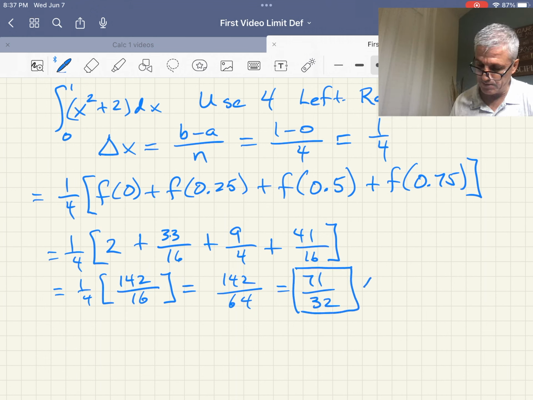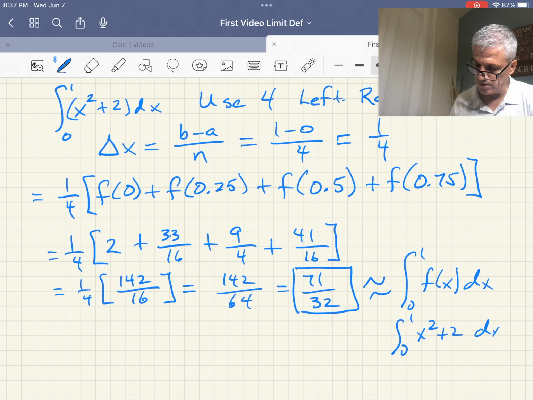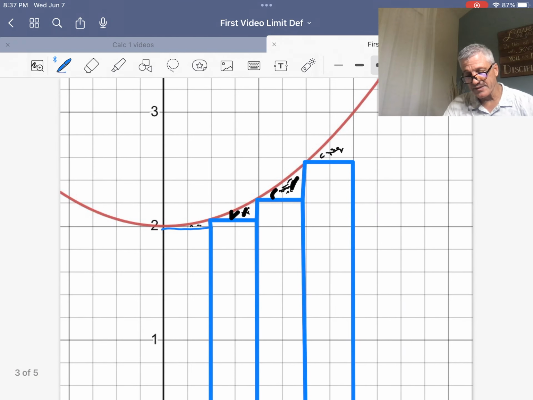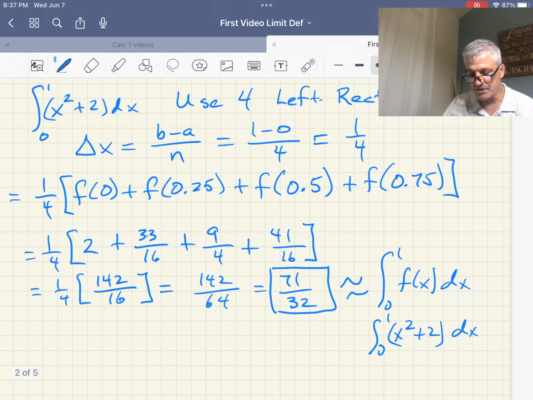So that would be my approximation for the integral from 0 to 1 of f of x dx, or the integral from 0 to 1 of x squared plus 2 dx. And again, that's left rectangles, and again, that's going to be an underestimate because the function is increasing.